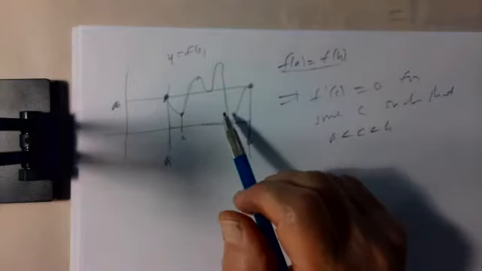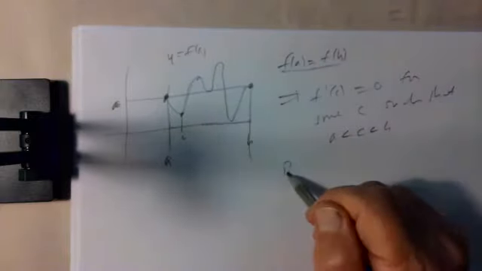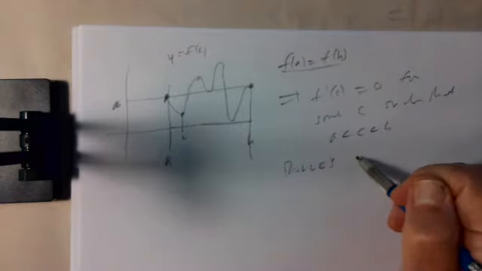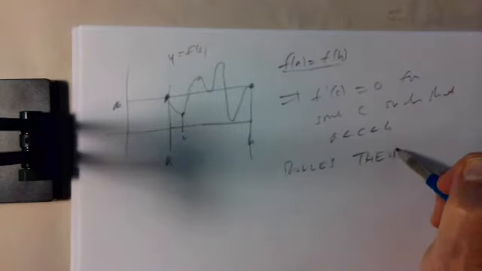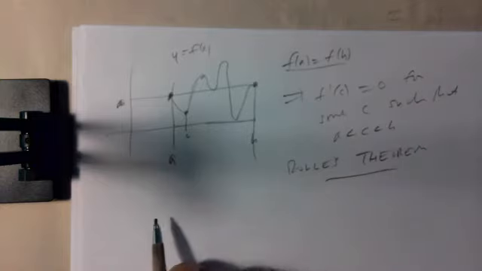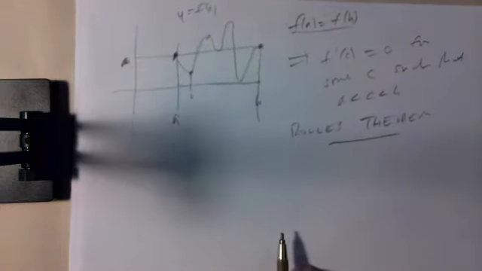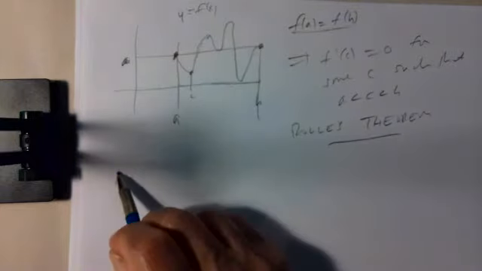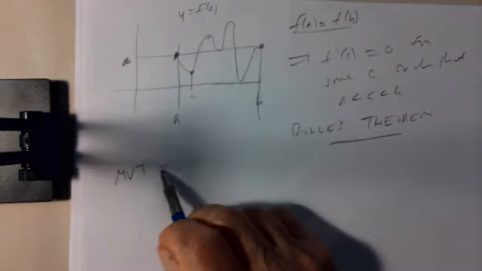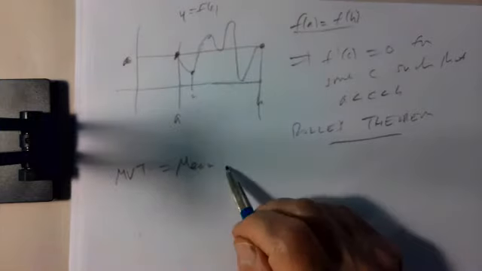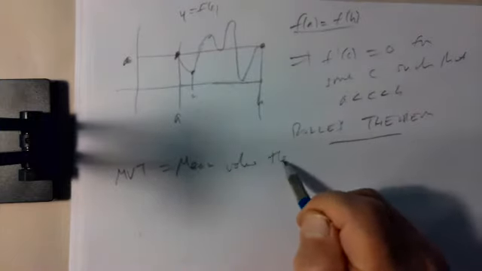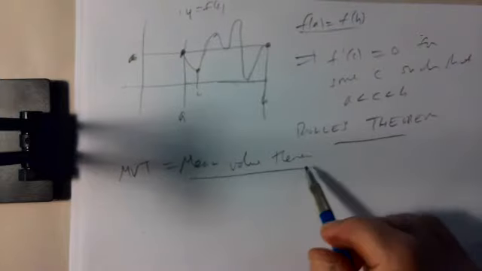I mean, there are many such numbers, but Rolle's theorem says there's always at least one. And the mean value theorem generalizes this.